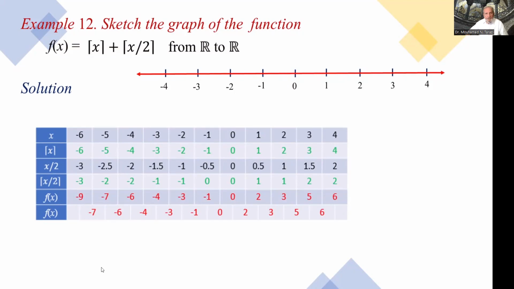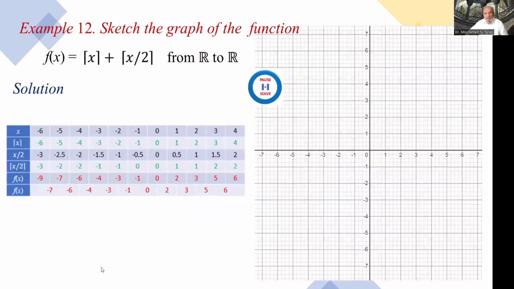So now we can easily draw the function. You can again pause and draw it. So let's see. Here's my f. When x is -6, f is -9, which is down here, so we don't see it. Let's start from -5.